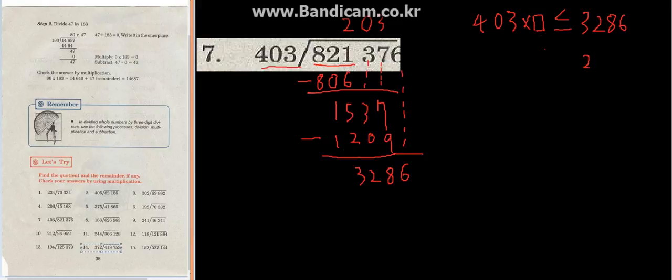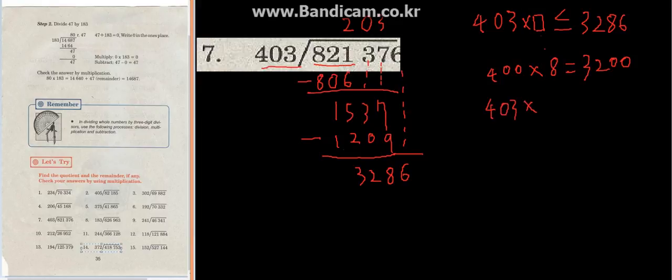I think this is quite close to 3200, and this is 400-ish. So if we multiply, let's say, 8. And yes, this is the answer. 400 multiplied by 8 is 3200. So let's put an 8 in the box.